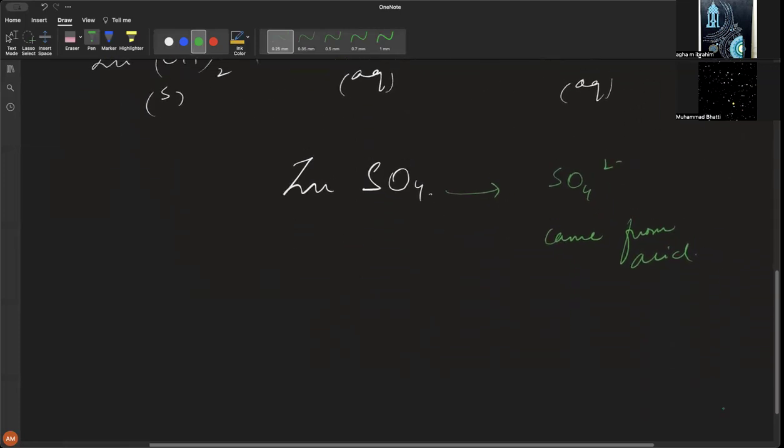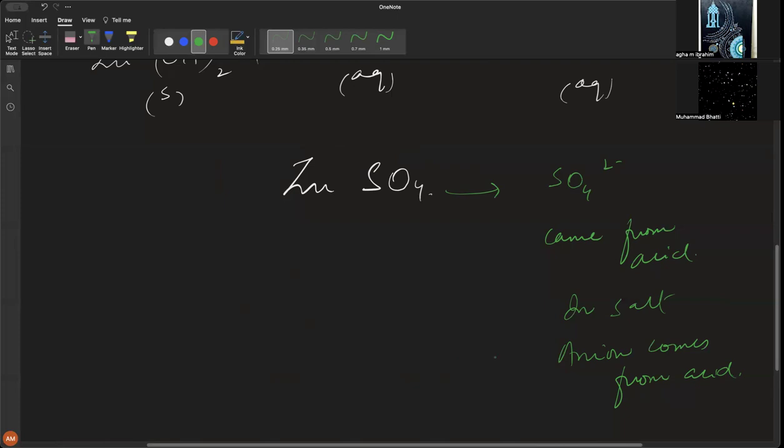Always keep this in mind that in a salt the anion comes from the acid. A salt is a cation and anion chemically combined together, or in other words, a metallic ion and a non-metallic ion combined together.